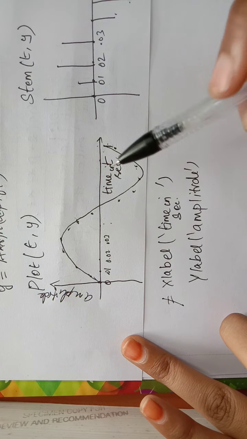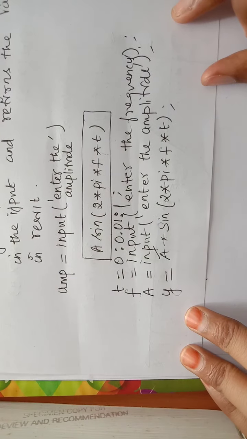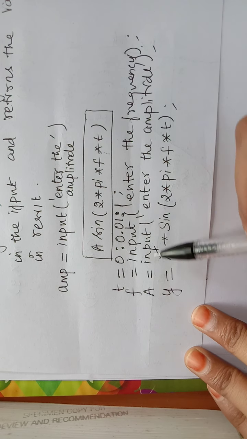Okay, so now we can see how to generate the waveform. This is what we have written: t equal to 0 to 0.1 to 1, input enter the frequency, enter the amplitude.